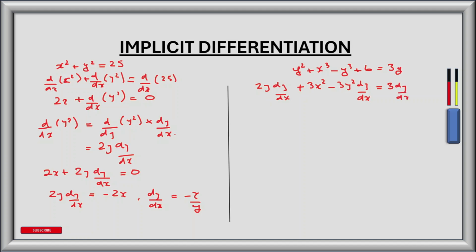So now let's rearrange our terms so we get all the terms multiplied by dy by dx together. So we have 3x squared equals 3 dy by dx plus 3y squared dy by dx minus 2y dy by dx.